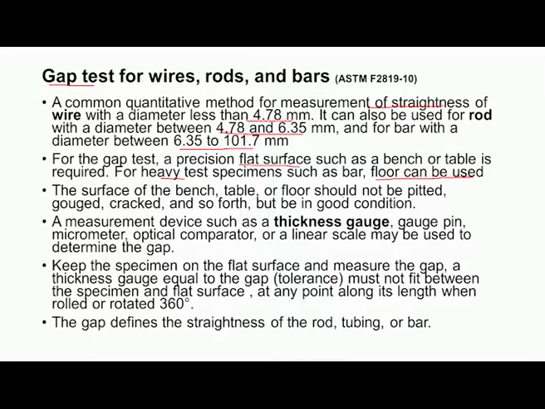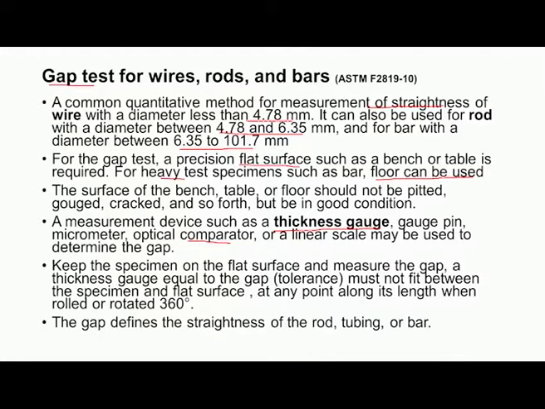There should not be any cracks or pits. The surface should be in very good, clean condition, and we have to use a measurement device such as a thickness gauge or gauge pins; micrometers and optical comparators can also be used to measure the gap.